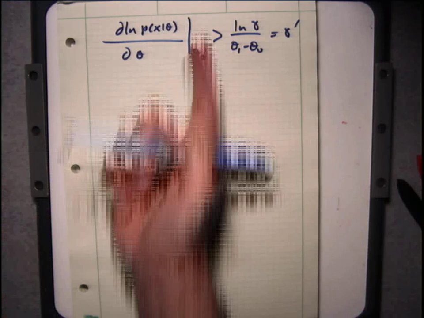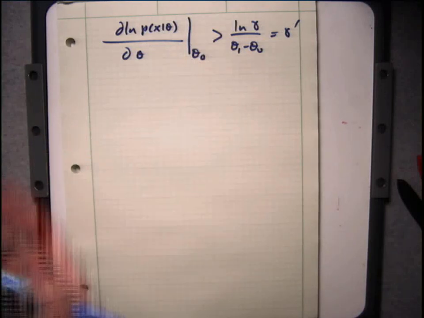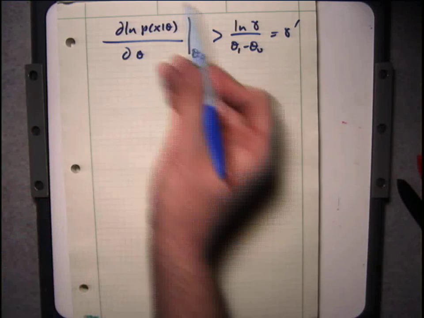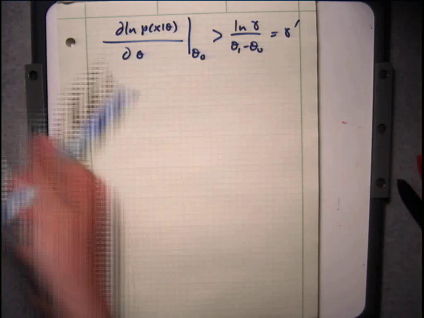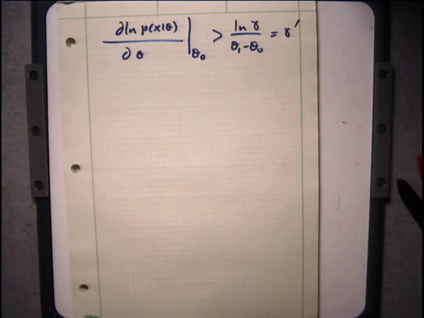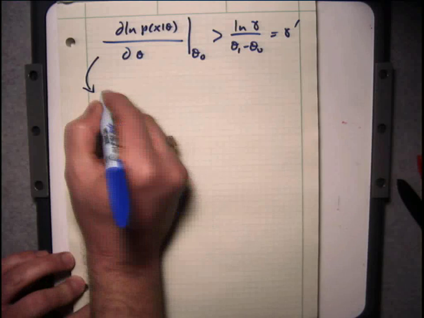So we know that this guy has 0 mean, and we know what its variance is. So one thing that's convenient to do is to normalize this left-hand side by the Fisher information so that this thing basically behaves like something that's 0 mean and has unit variance. Okay?